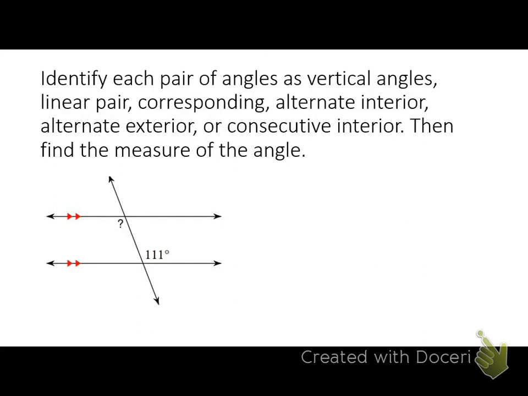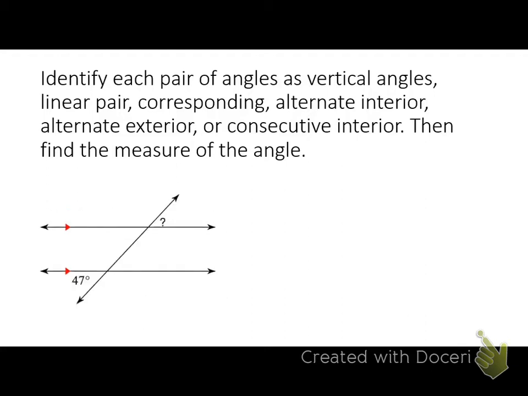You don't have to keep looking at it like it's going to change. Correct. Yes, ma'am. Yes, sir. Good. They're alternate, maybe. Did you write interior or exterior? Okay. They're interior, good. And that means they're the same measure, so 111. Got a couple more?